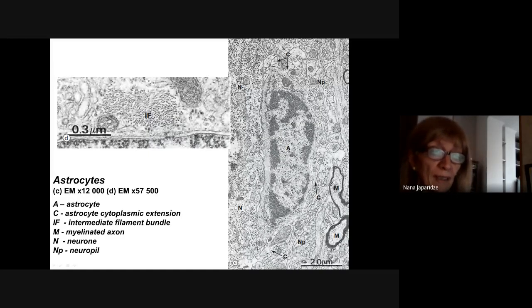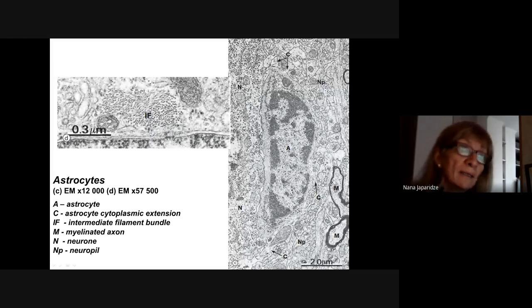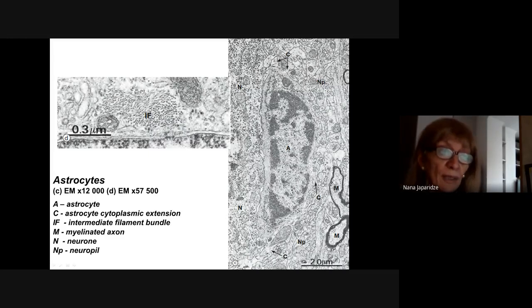And here is the perikaryon membrane, or membrane which surrounds the cell body, the neuronal cell body, and you see a very well developed rough endoplasmic reticulum, together with mitochondria. So mitochondria we can see in neuropil too, but in neuropil, mitochondria are represented in the axons and in the dendrites.